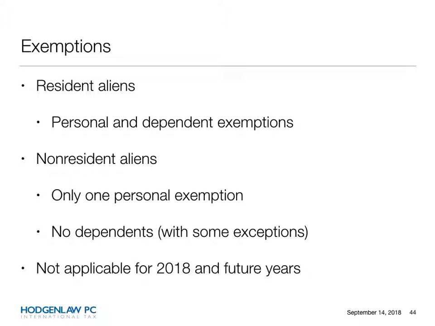For 2017 and prior year returns at least, residents can claim personal and dependent exemptions, while non-residents are only allowed one personal exemption with some exceptions. The total deduction for exemptions cannot be more than your taxable income for the period you are a resident alien.